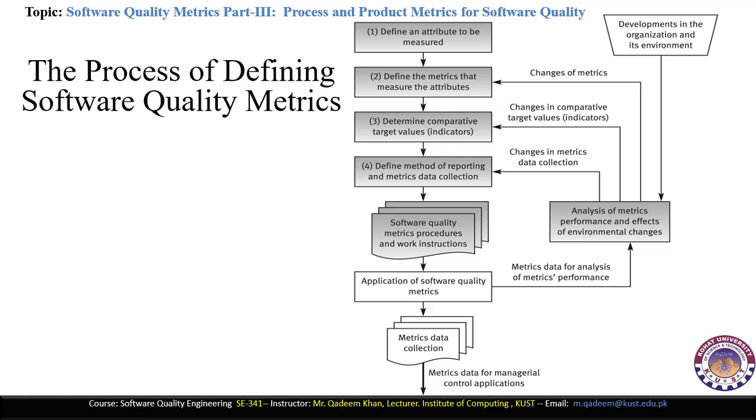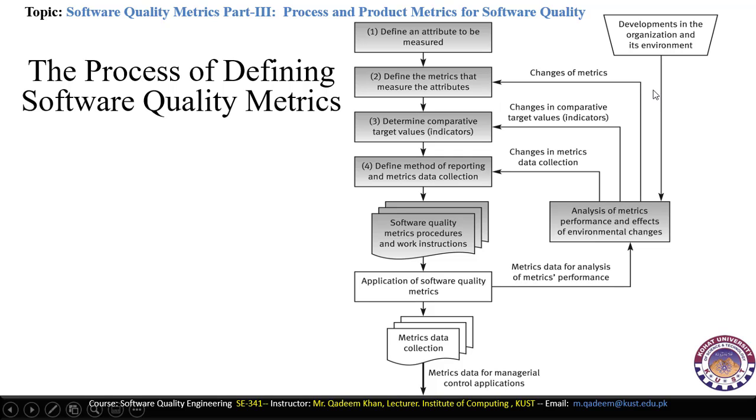This means changes in the management, changes in the tools and technologies used for software development, and also used for the measurement of the metrics. So we will identify different sorts of environmental changes while conducting the quality metrics measurements.